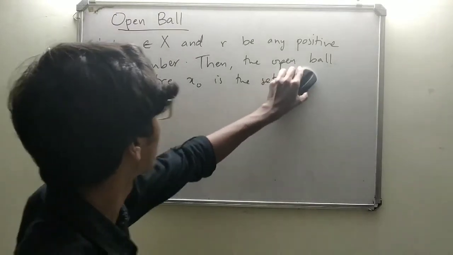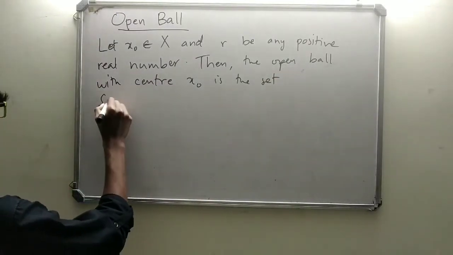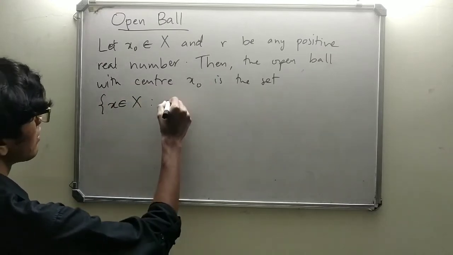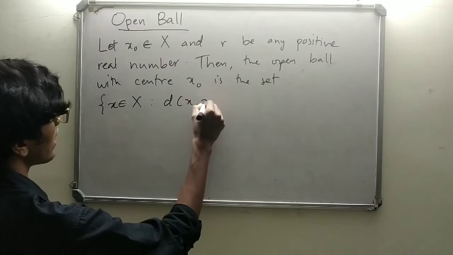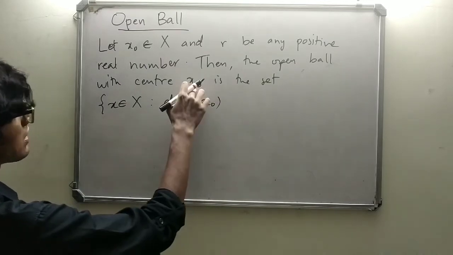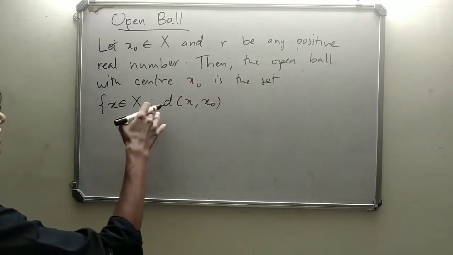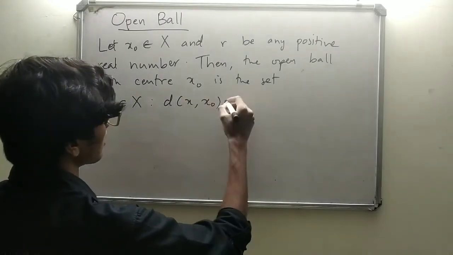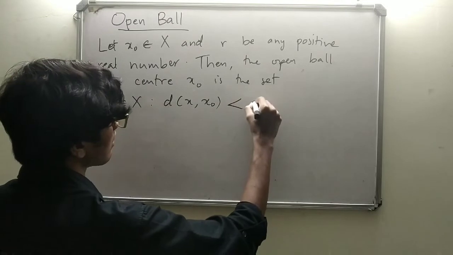of all x element of X such that d of x comma x naught, the distance between the center x naught and any other point x in X, should satisfy this: this distance should be less than r.